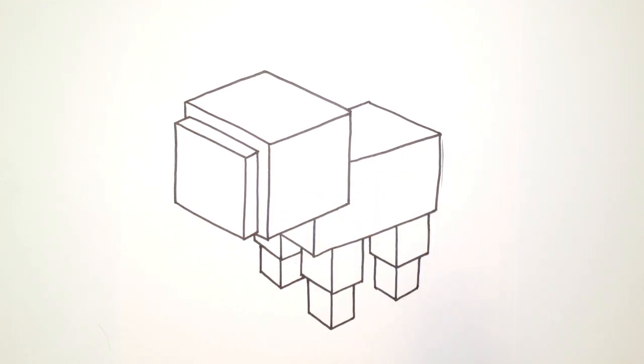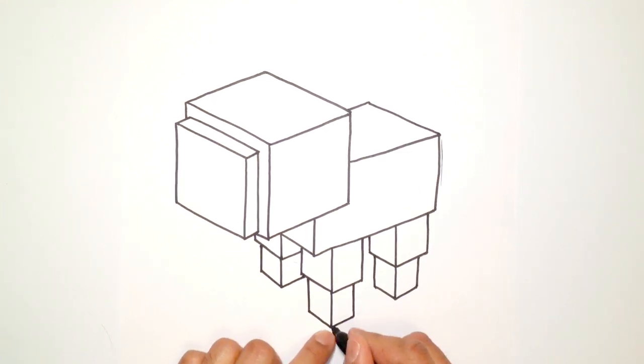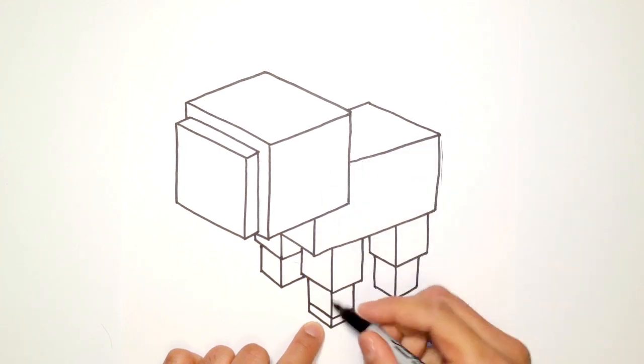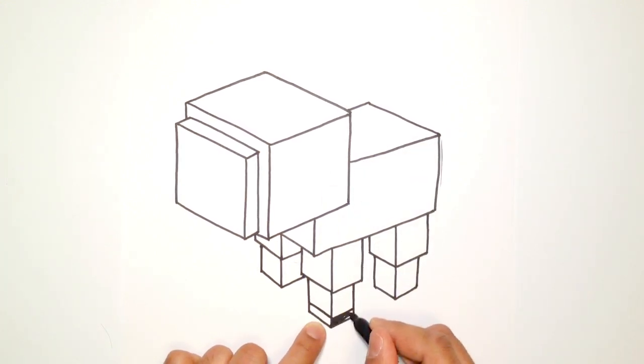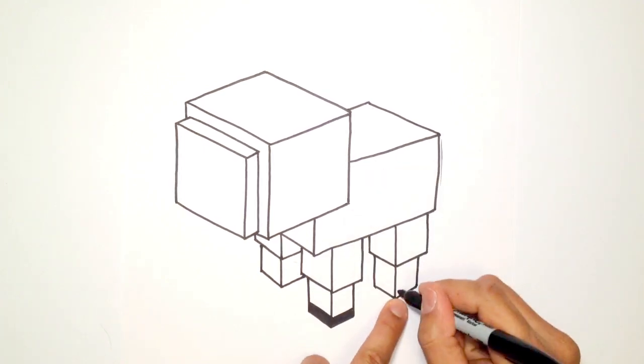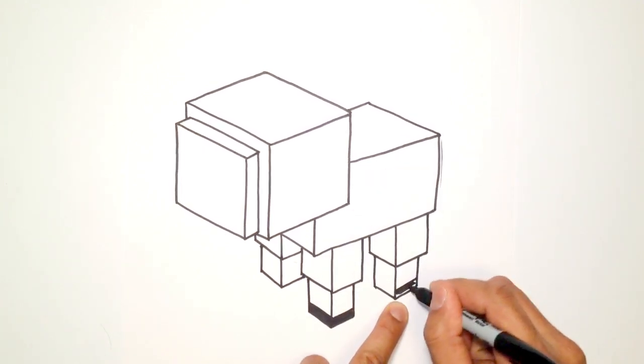So now that you have basic building blocks of the body, you can go and do the detail. So along here at the bottom, it's got these little hooves, so I'm going to color in the bottom black. I'll do the exact same thing on the back hind legs.